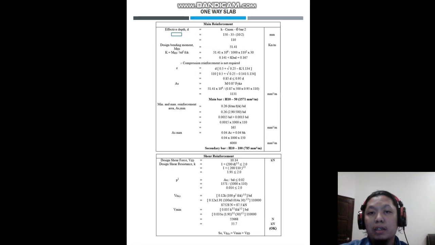After we insert the values in the formula, we get the final answer, which is 165 millimeter square per meter. So the AS max that we get from the formula 0.04 AC equal to 0.04 BH. And after we insert the values in this formula, we get the last answer, which is 6,000.